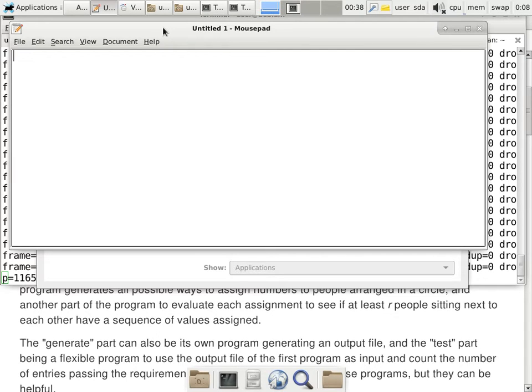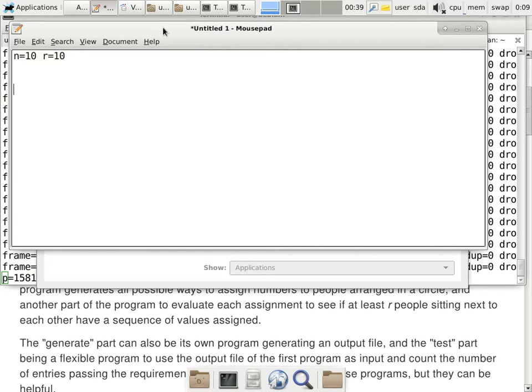All right. Given that we have done that, we'll look at a few specific cases. When n is 10, which means we have a circle of 10 numbers, and r is also 10, which means we need at least 10 numbers in sequence. When we only have 10 numbers, that's an easy case, because there are only so many ways to arrange numbers like that.